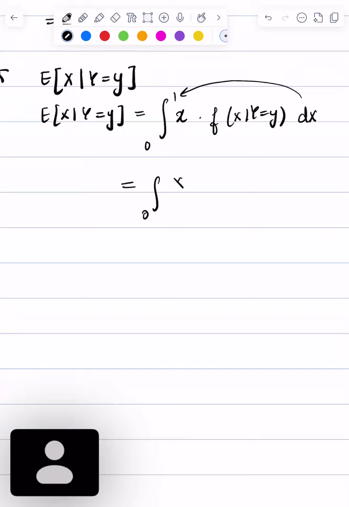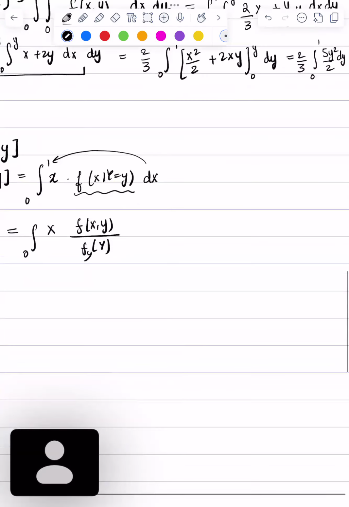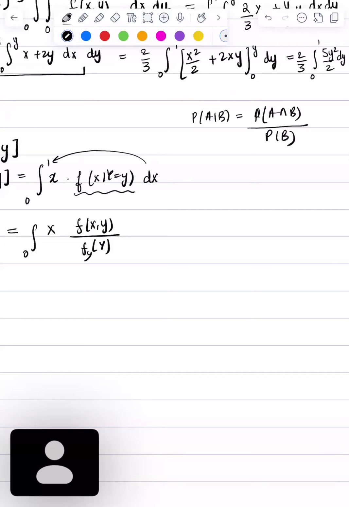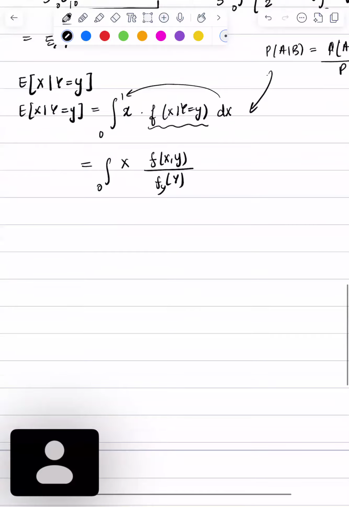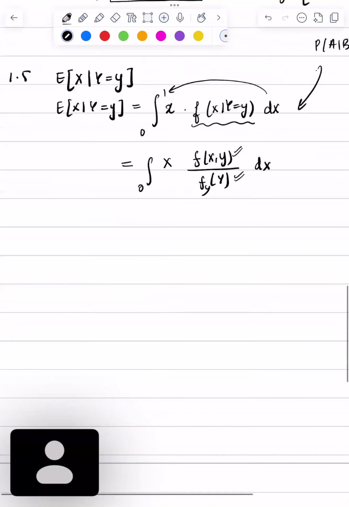Then we do this thing, basically f of xy over f of y. This is by the Bayes rule, if you guys remember. Not Bayes rule, conditional probability. The probability of A given B is the probability of A intersection B over the probability of B, and it's basically this, but in terms of PDF. The x remains the same. So the main thing we need to calculate is not this one, this is already given in the question, but this term, f of y.